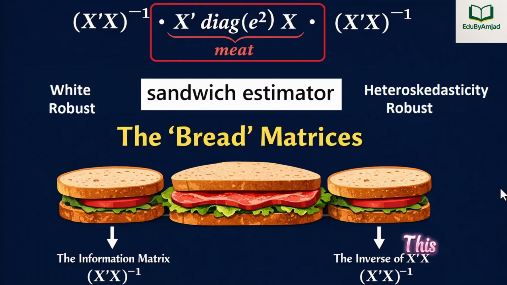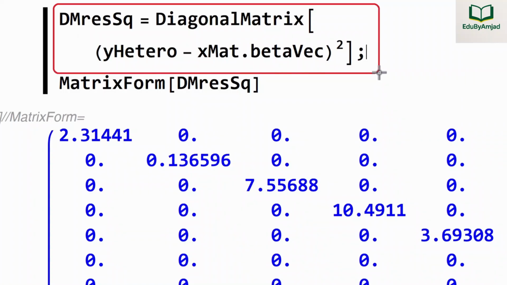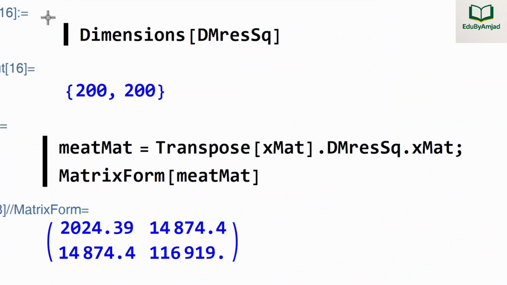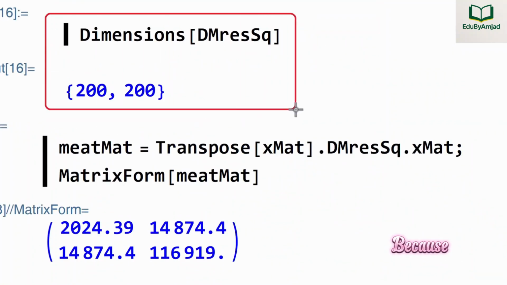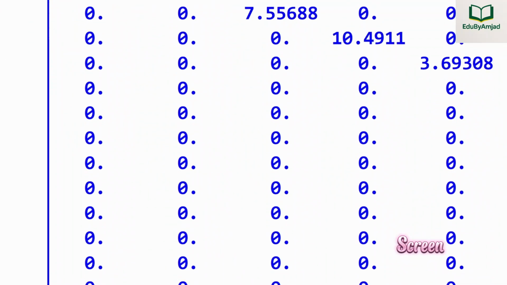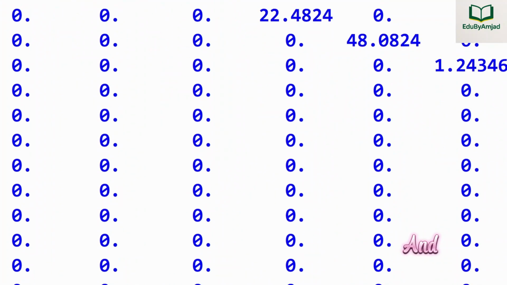Let's visualize this in Mathematica for our numerical example. Here we define and generate the diagonal matrix. It is a 200 by 200 matrix, because our regression uses 200 observations. If we scroll the screen, we see that its diagonal contains the squared residuals, and zeros elsewhere.